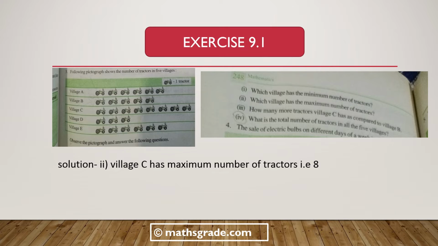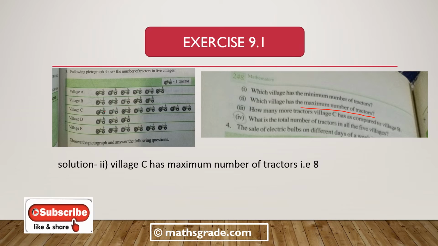Now the second question is, which village has the maximum number of tractors? We have to find out in which village the number of tractors is maximum. Looking at the pictograph, the symbols of tractors in villages A, B, C, D, E, we see that village C has 1, 2, 3, 4, 5, 6, 7, 8.